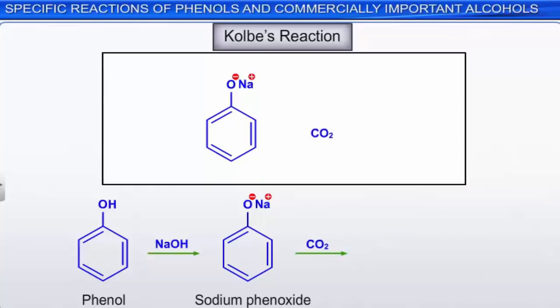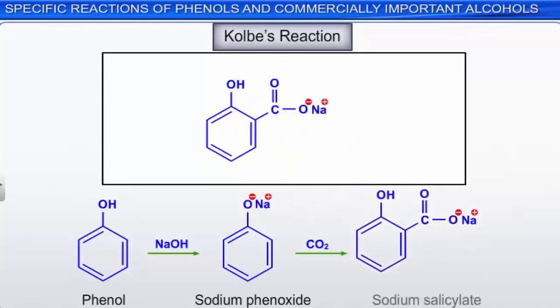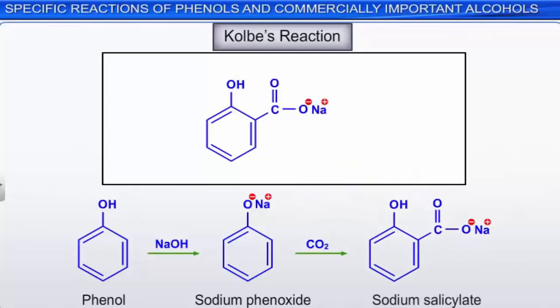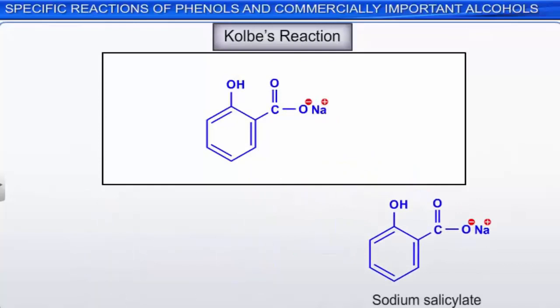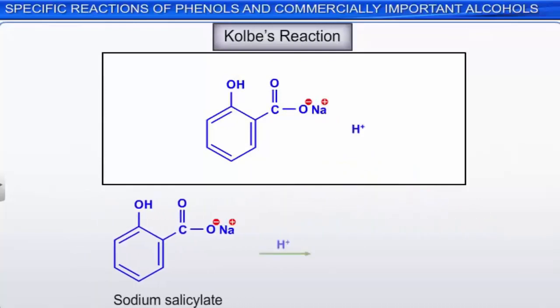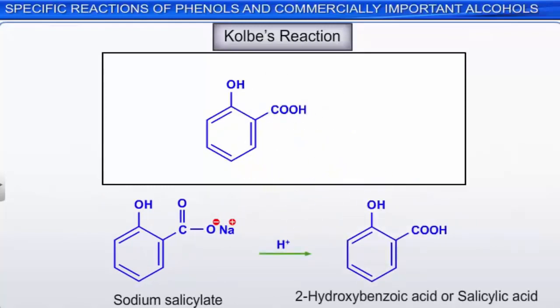Carbon dioxide, the neutral electrophile, attacks the phenoxide ion to form sodium salicylate. The sodium salicylate, when acidified, forms 2-hydroxybenzoic acid or salicylic acid. The ortho position is favored in Kolbe's synthesis.